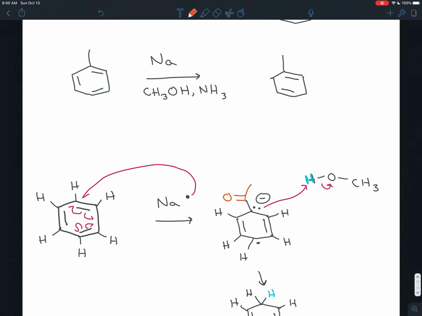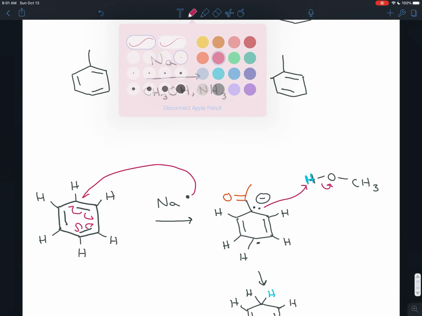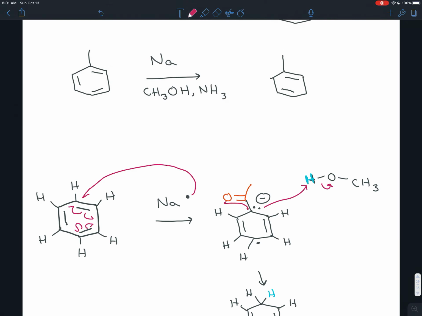So let's say an electronegative element, like oxygen there. Would that electron withdrawing group help to stabilize this negative charge that forms in the very beginning, or would it destabilize it? Well, because it's electronegative, it's pulling electron density towards itself and helping to spread out the electron density.